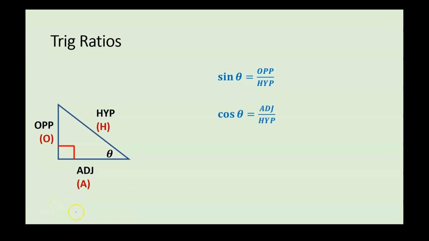If I have the adjacent side and the hypotenuse in relation to the angle, then I will use the cosine function to set up my equation.